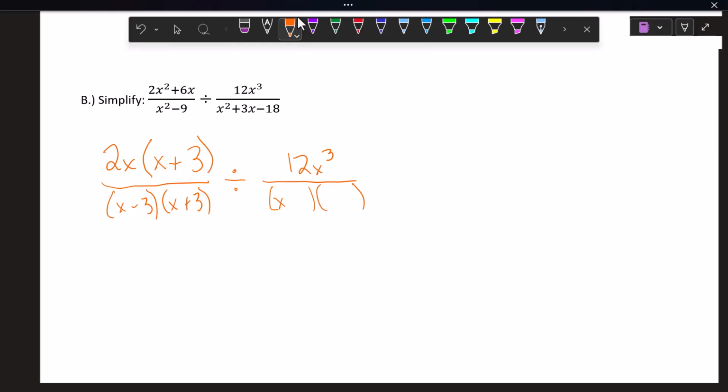And x plus 6, x minus 3 will factor from x squared plus 3x minus 18. Now that it's all factored, we will flip the second fraction once I get there. So we get x plus 6, x minus 3, and 12x cubed.